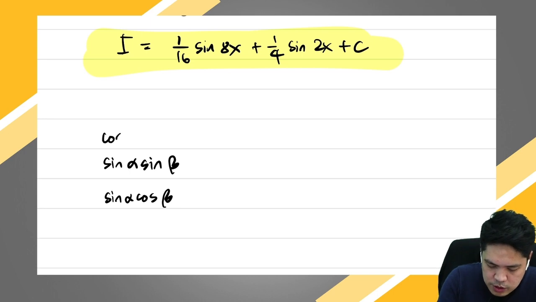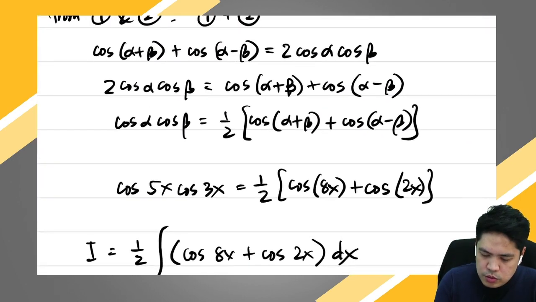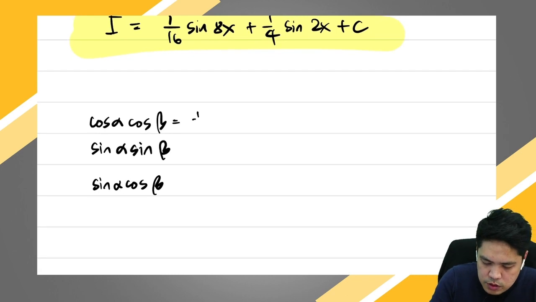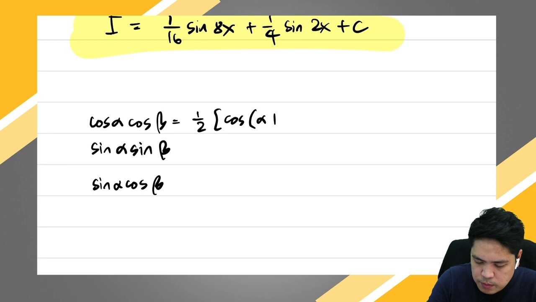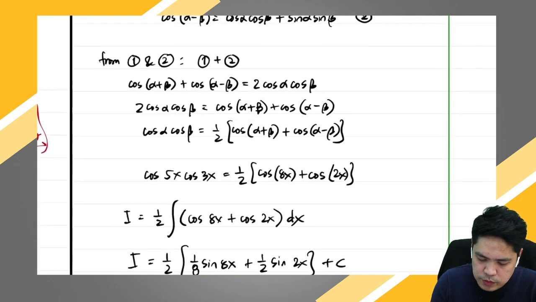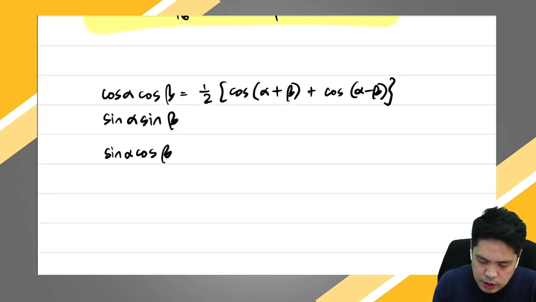For cosine alpha, cosine beta, we already have a transformation, so let me rewrite that here. It's just equal to 1/2 cosine alpha plus beta plus cosine alpha minus beta.